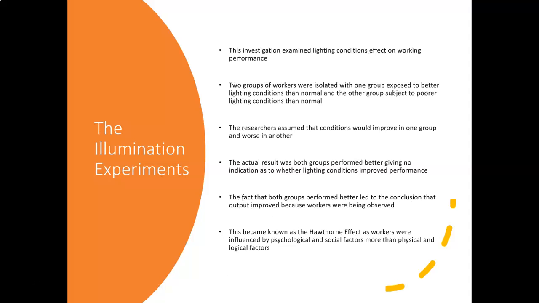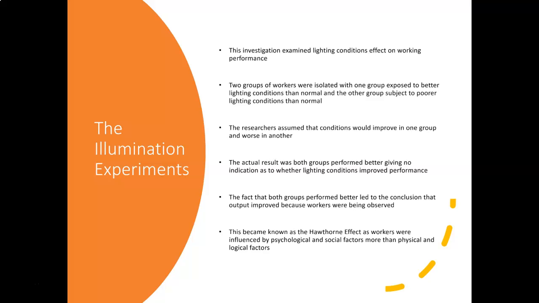Okay, now let's start with the first main category, the illumination experiments. The investigation examined the effect of lighting conditions on working performance. Two groups of workers were isolated, with one group exposed to better lighting conditions than normal and the other group subject to poorer lighting conditions than normal. The researchers assumed that performance would improve in one group and worsen in the other.